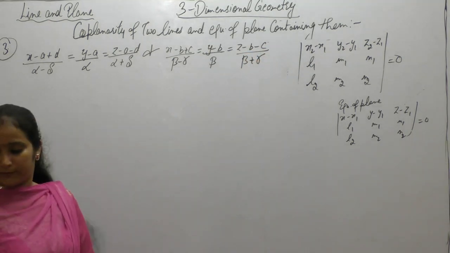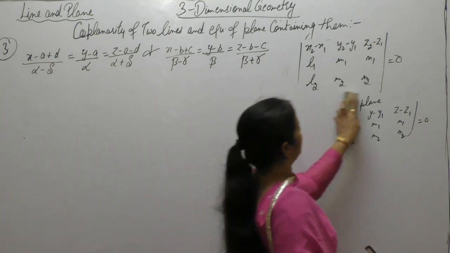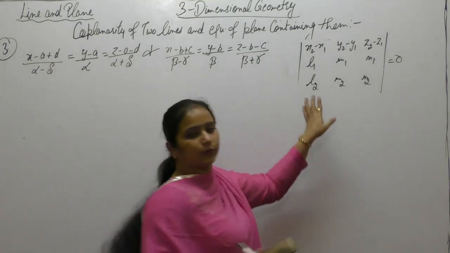We want to prove that these two lines are coplanar. Then we have to prove this.